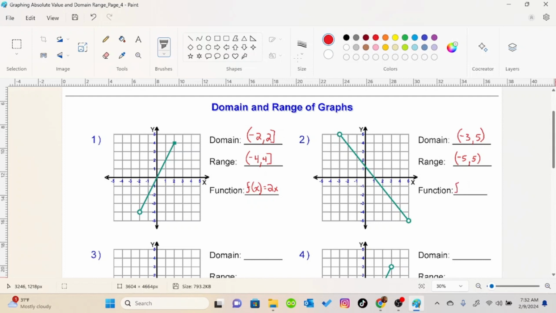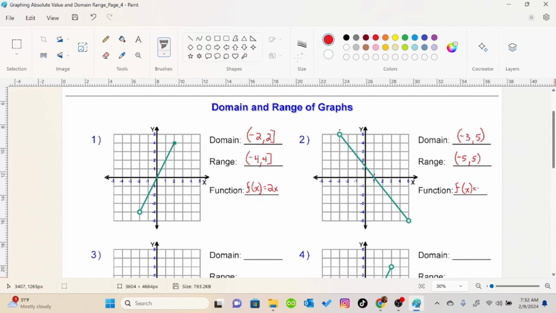Our function would be f of x equals our slope. In order to go from one good point to the next, I could use this beginning point, and I could use this point at our x-intercept. And this says we go down 5, right 4.